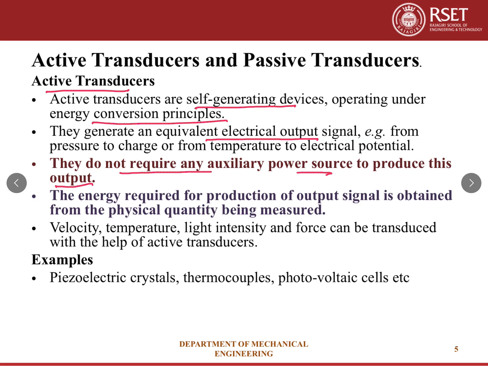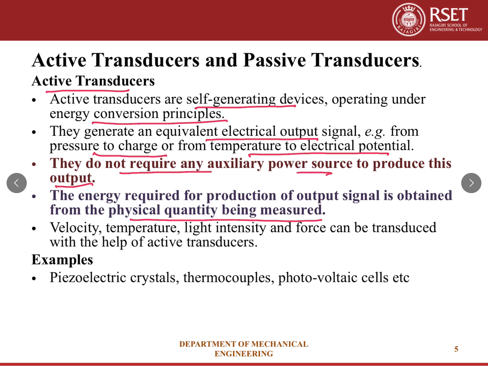Example, pressure to charge or temperature to electric potential. The pressure to charge conversion happens in a piezoelectric crystal. It's an active transducer. Temperature to electric potential happens in a thermocouple. That is also an active transducer. The energy required for the production of the output signal is obtained from the physical quantity being measured.